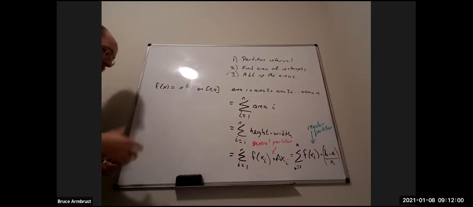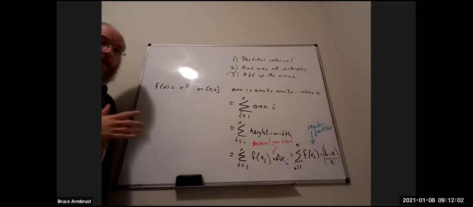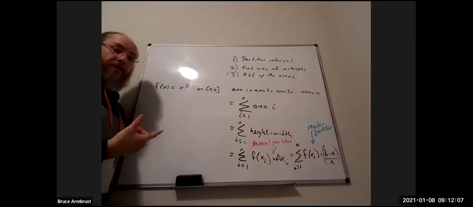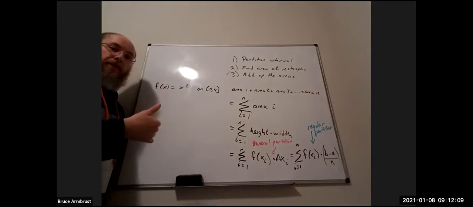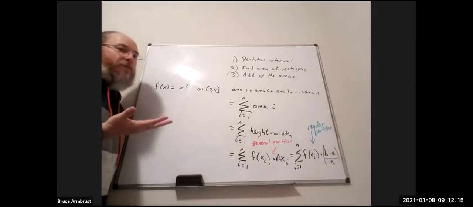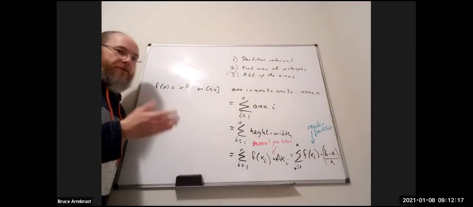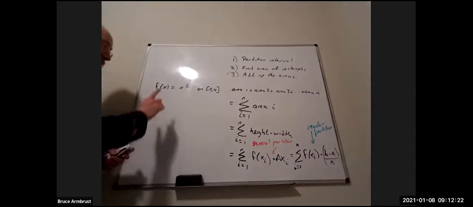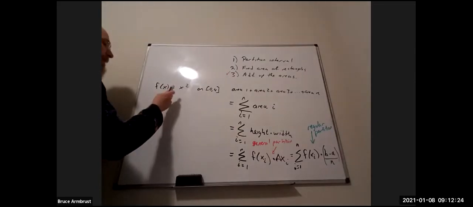First of all, the first thing I'm going to pick is how we're going to choose our points in the interval to get our heights. Let's use right endpoints, just because it doesn't really matter. That way it's always going to be the same. So we're going to use right endpoints.